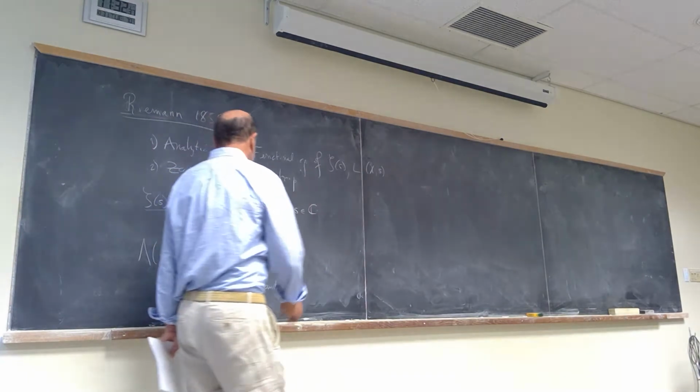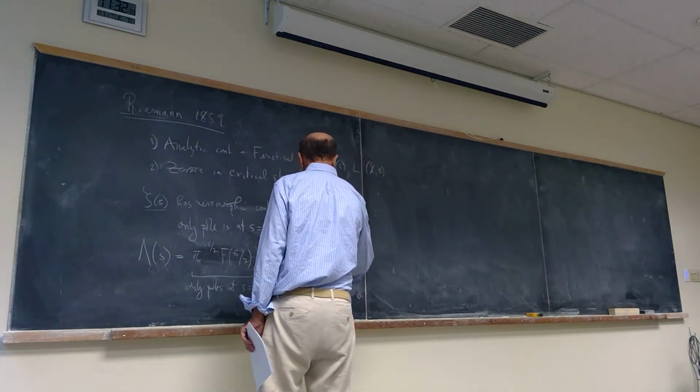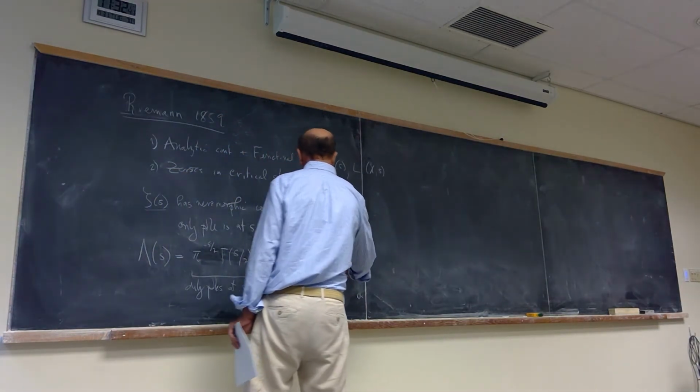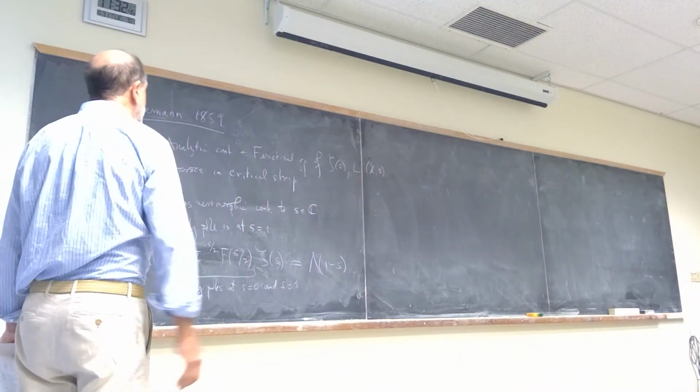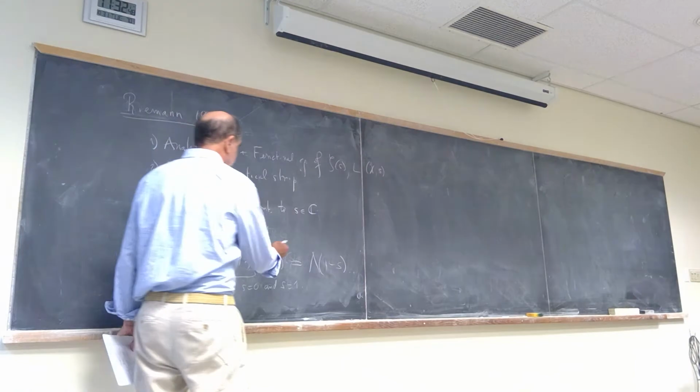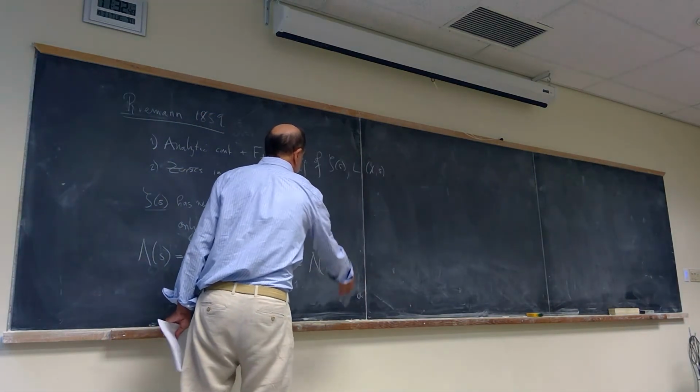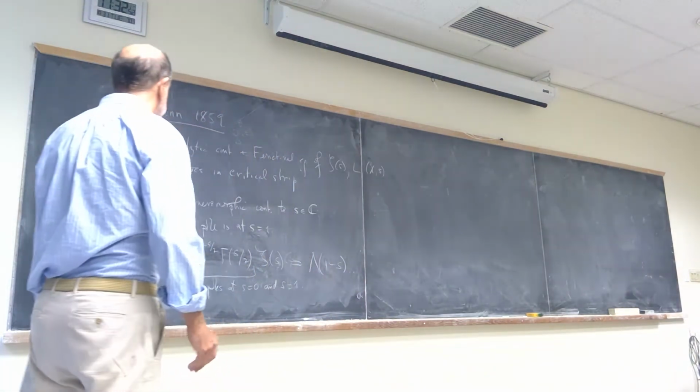And he proves that this is equal to the same value at 1 minus s. So that's the famous functional equation, which only makes sense once you've made an analytic continuation, because if the real part of s is greater than 1, then here the real part of 1 minus s is less than 0.